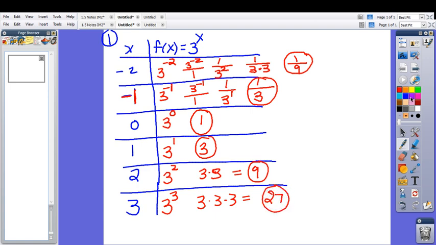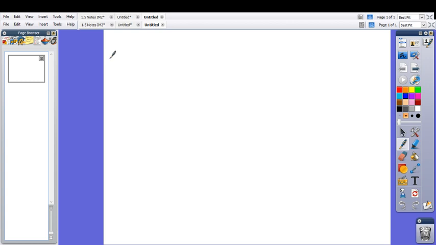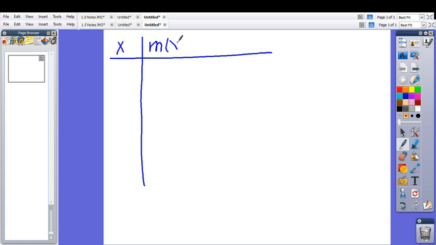Okay, now let me show you number 5. Again we will be using a table. This is your x value, this is your m of x function, and its value is 1/3 to the x.